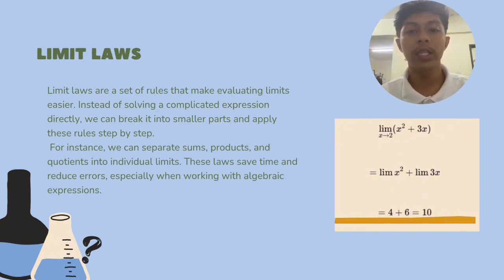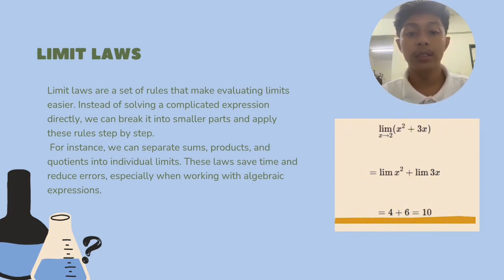By evaluating these simple parts and adding them back together, in this case 4 plus 6, we get the final answer of 10. Whether it's sums, products or quotients, these laws keep your work organized and accurate.